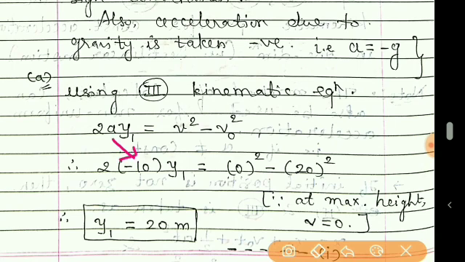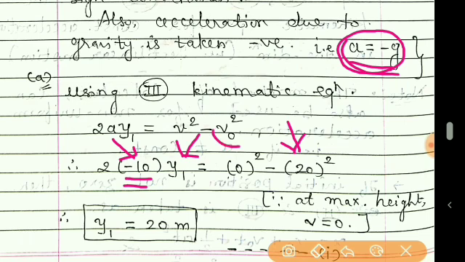Acceleration is minus 10. As I said earlier, acceleration due to gravity is always taken negative. Then this is to be obtained, so as it is, initial velocity was given, it is 20.